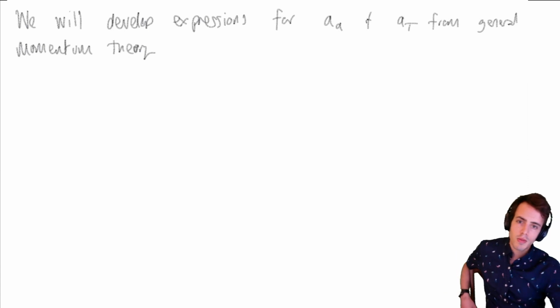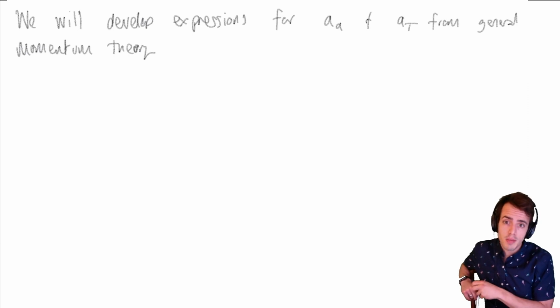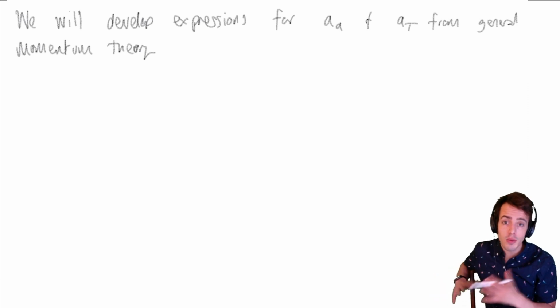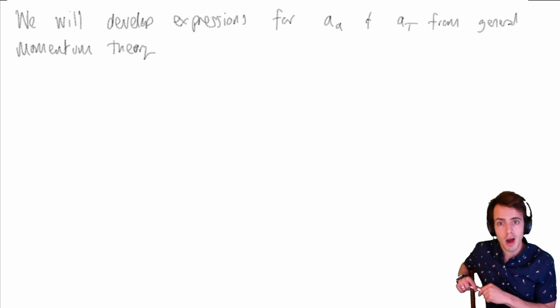The original axial momentum theory was first presented by Froude and Rankine back in 1865. Theirs was a really simplistic but beautiful model that assumed a uniform disk and only axial momentum being imparted.